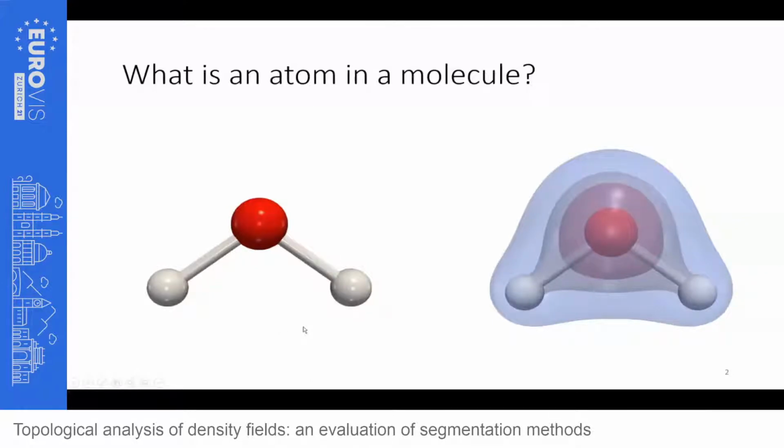For example, it doesn't take into account the electronic structure of the molecule. A common way of visualizing the electronic structure is by utilizing isosurfaces. But as you can see here, depending on the choice of your iso value, your visualization of the electronic structure is quite different.